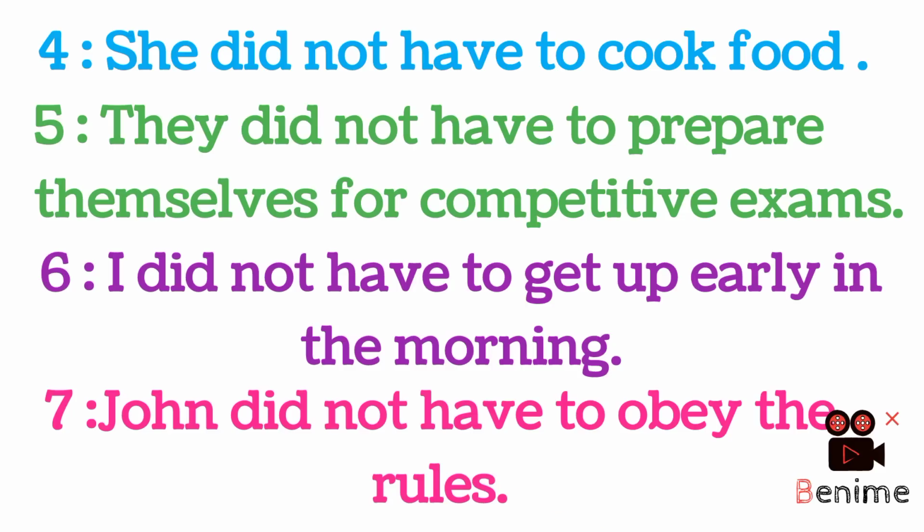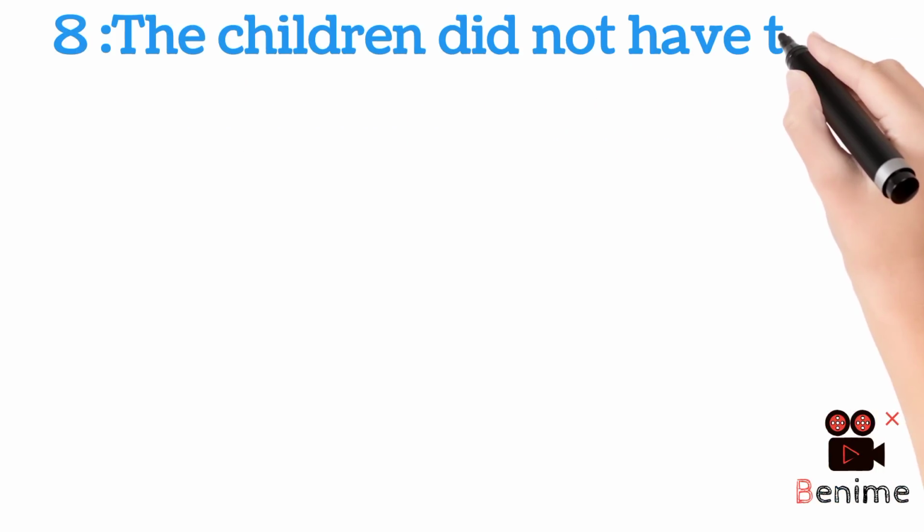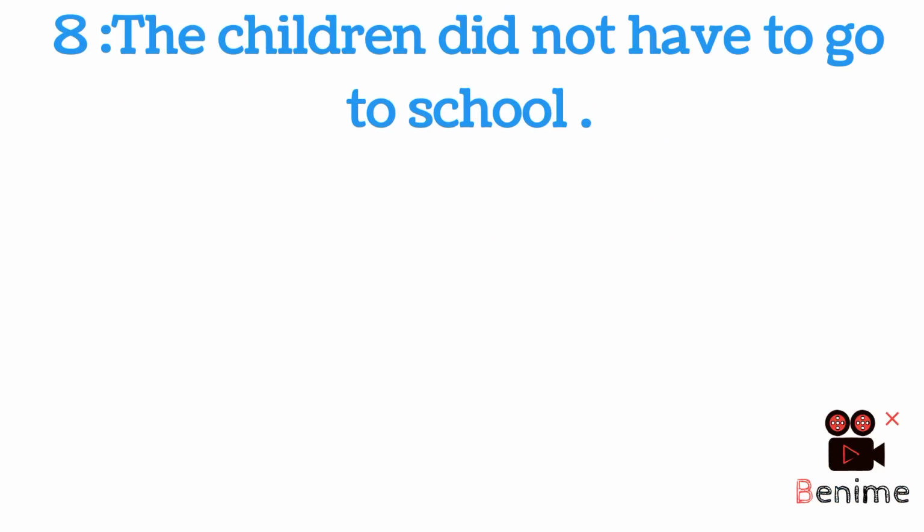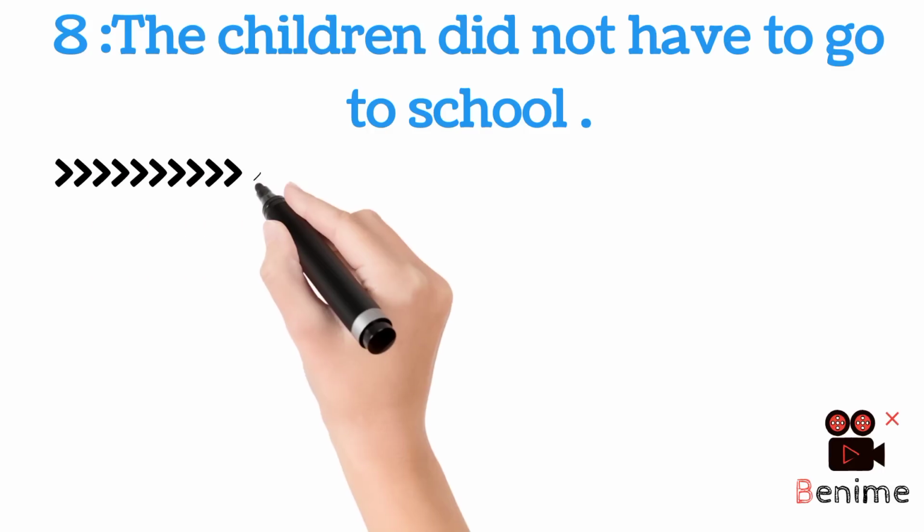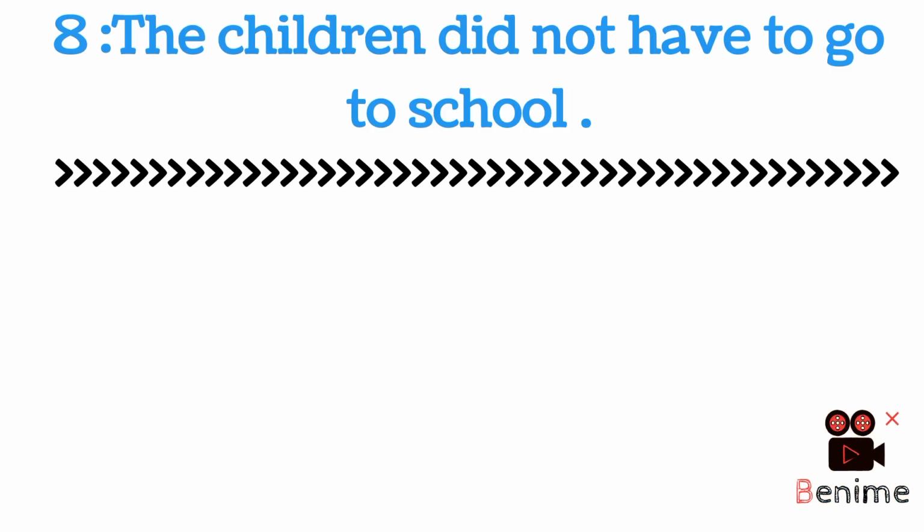It means John did not have any obligation to obey the rules in the past. Now look at the eighth one. The children did not have to go to school. It means the children didn't have any obligation to go to school in the past. My dear viewers, I hope you have understood something about negative sentences extremely well.